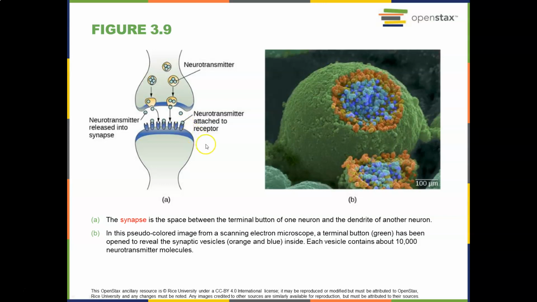That is how neurons communicate with each other, and that is happening constantly in our brains at all times. That is how we do things, how we feel things, how we are conscious, everything.